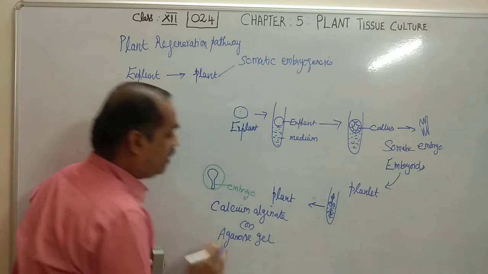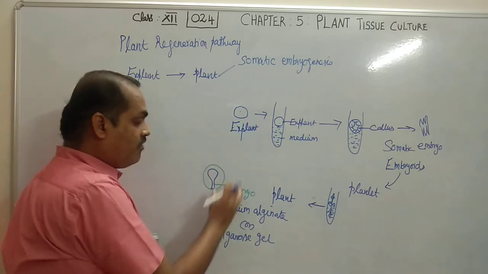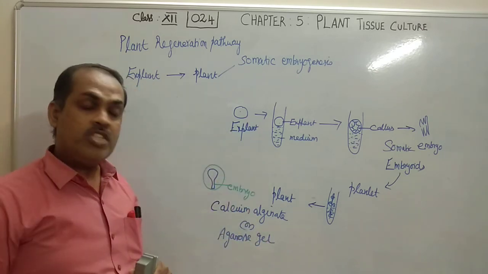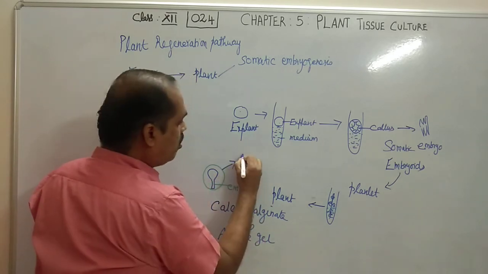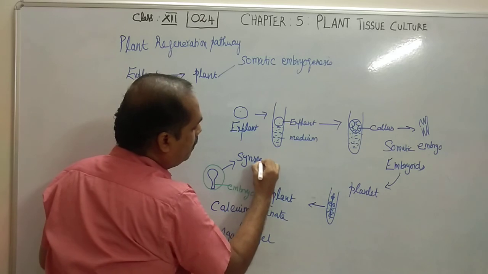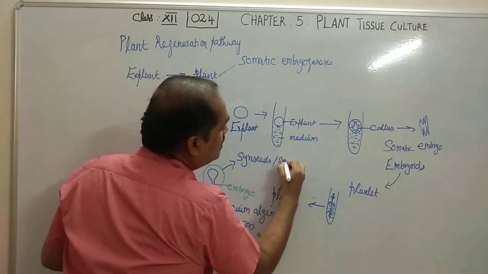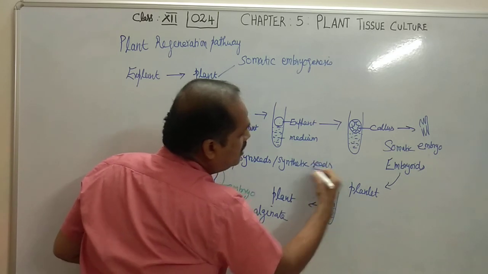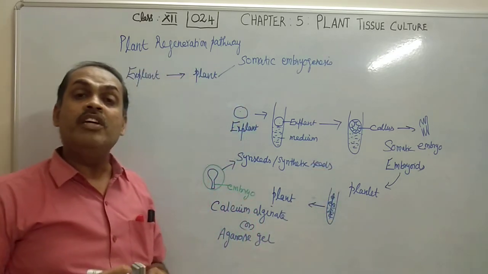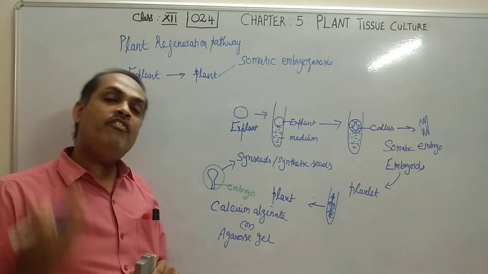Once you make the embryo covered with calcium alginate or agarose gel, you call this synthetic seeds, or synseeds. So synthetic seeds will play an important role in the future.